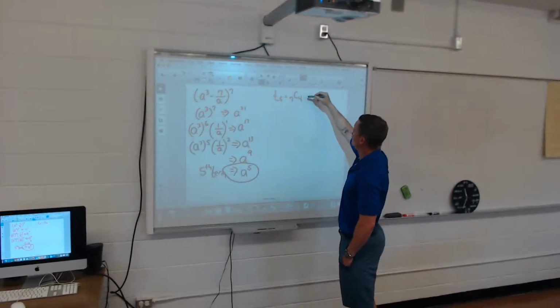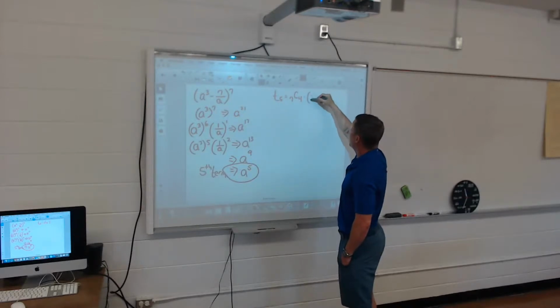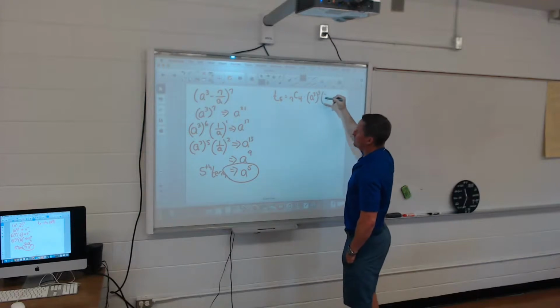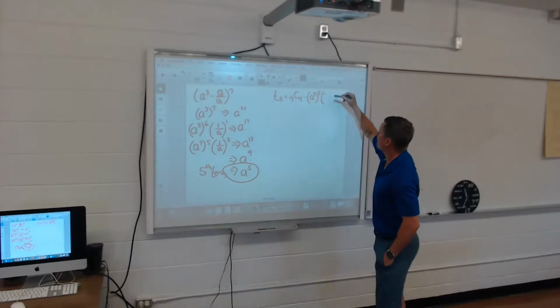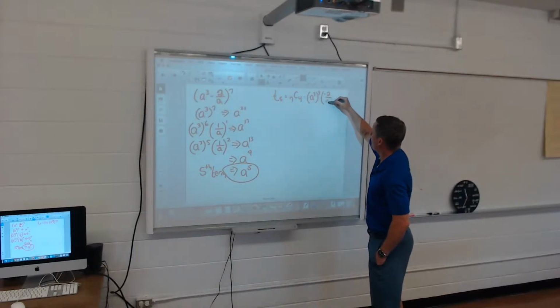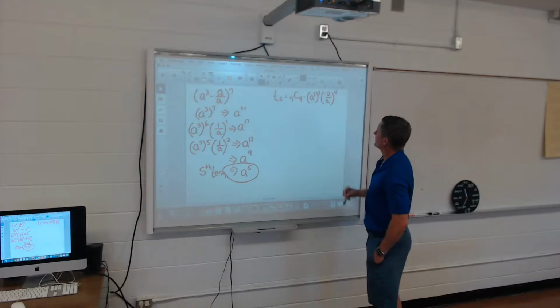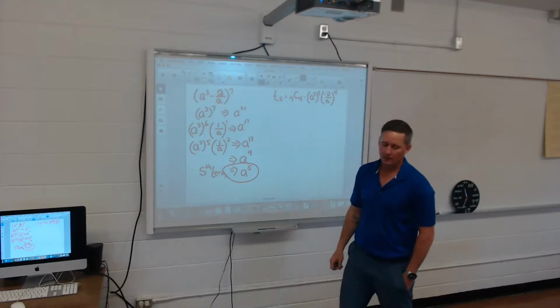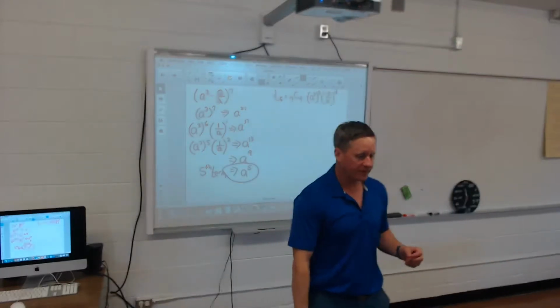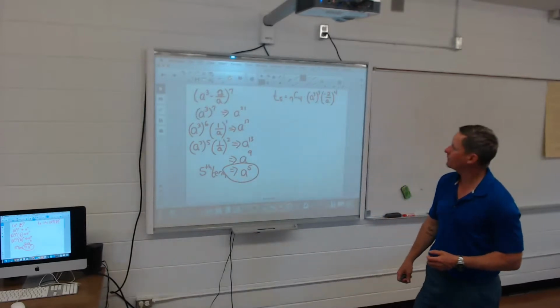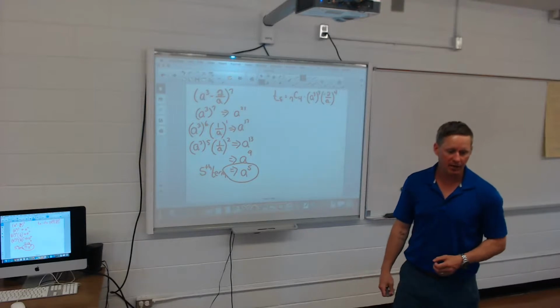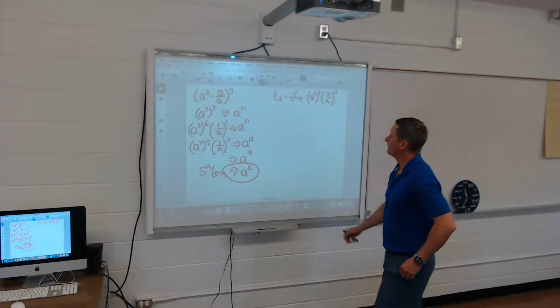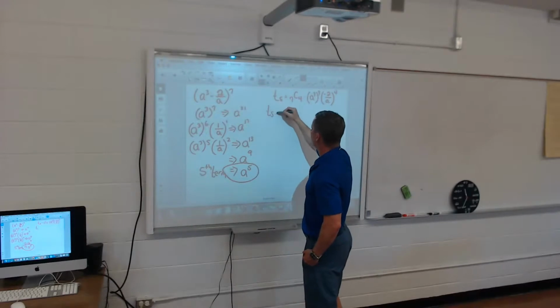So I've got 7c4 times a cubed to the 3. Now, oh, I put a 7 there. I think this is a 2. Now I have minus 2 over a to the 4. Okay? So once I know what the term is, I can substitute it into that general term equation to simplify it. So I go t to the 5 equals.